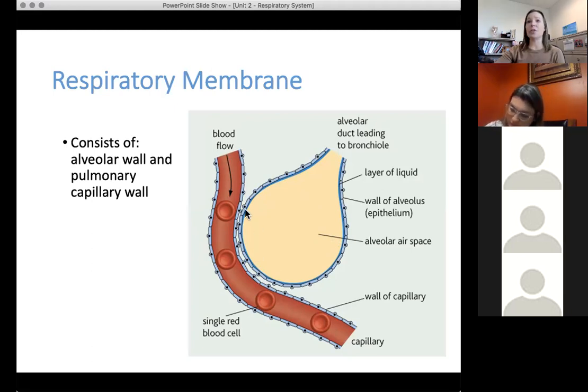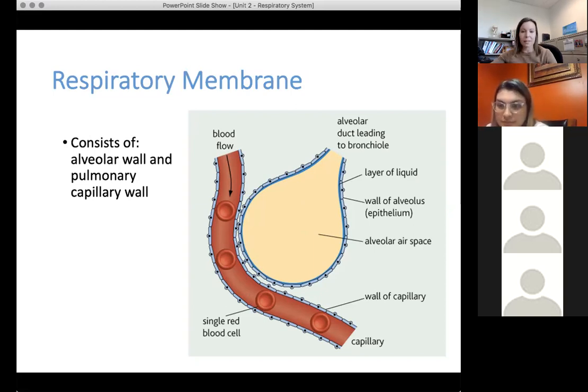If you guys look in your outline, this right here is called the alveolar capillary membrane, which is also just called the respiratory membrane. So it's this very thin membrane where you have gas exchange between the air in here and the blood that's flowing through this capillary.